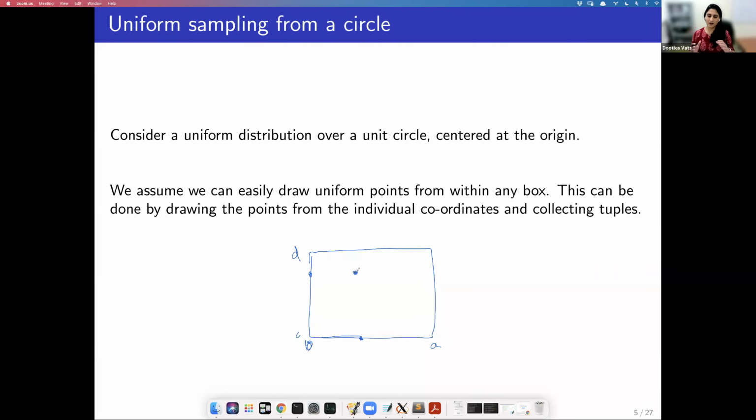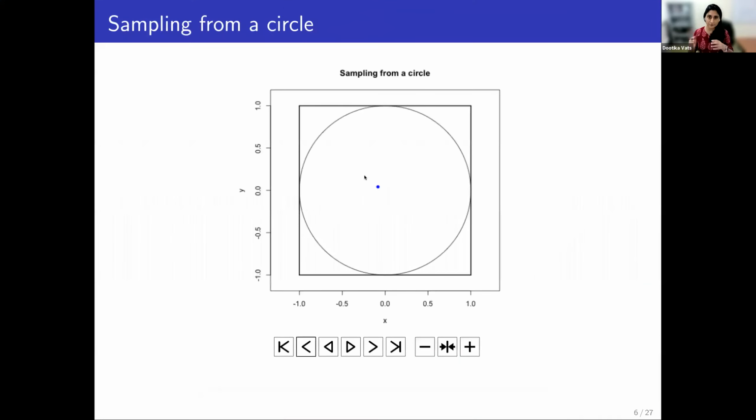And so this part I can do. I can sample points uniformly on the box, no issue. So what I'll do is I'll use these properties of sampling uniformly from a box to sample from a circle.